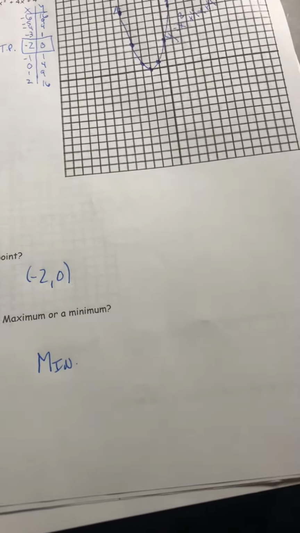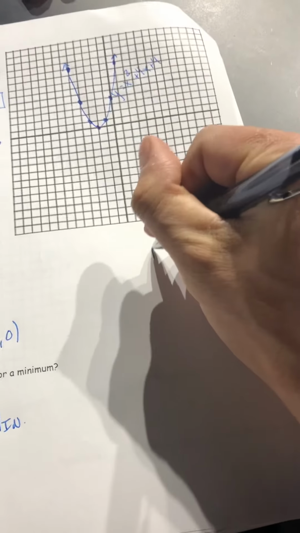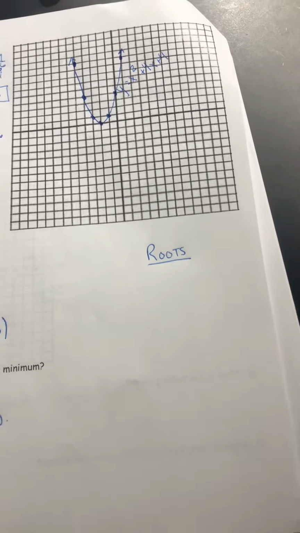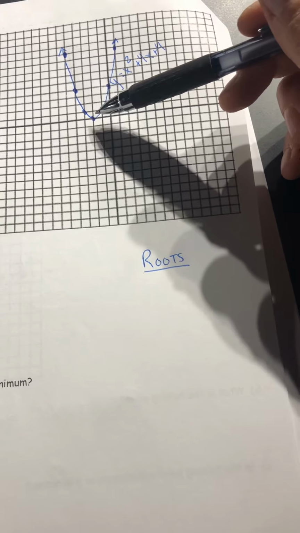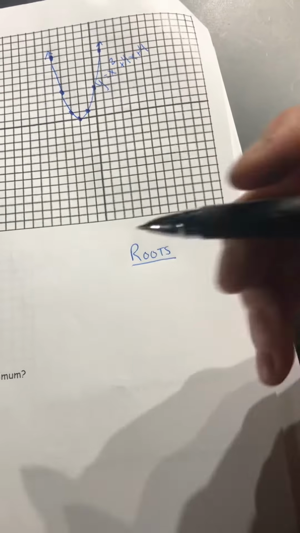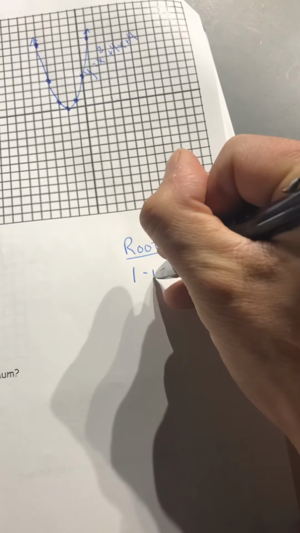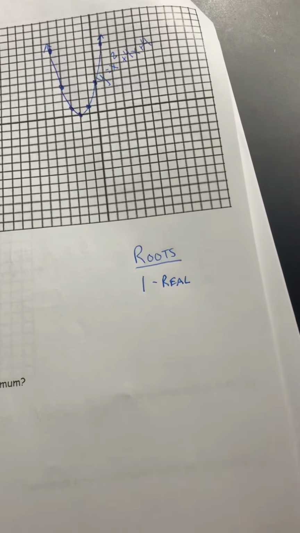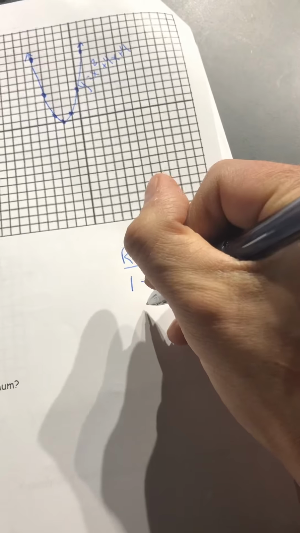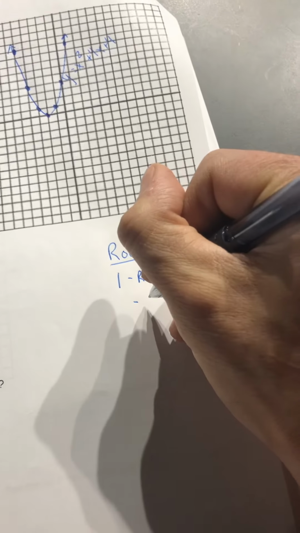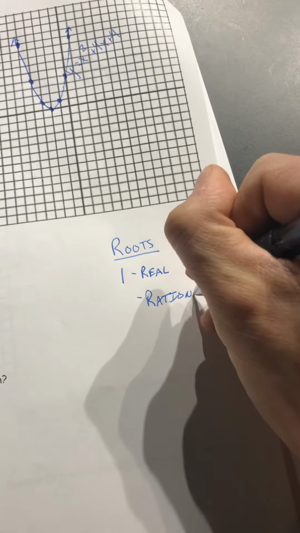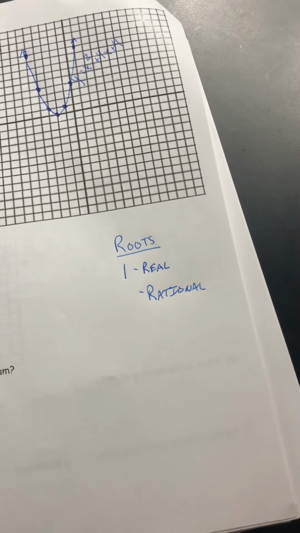One more thing that I want to talk about are our roots. For the roots, it's where the graph crosses the x-axis. It only hits the x-axis at one spot. So we have 1 real, rational root.